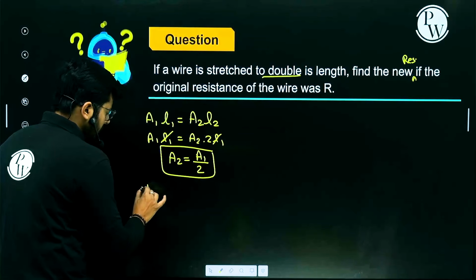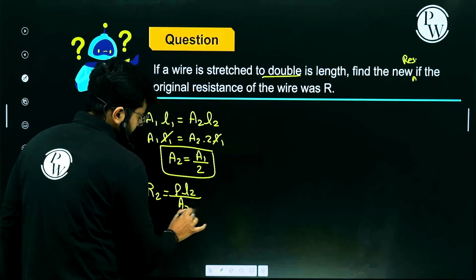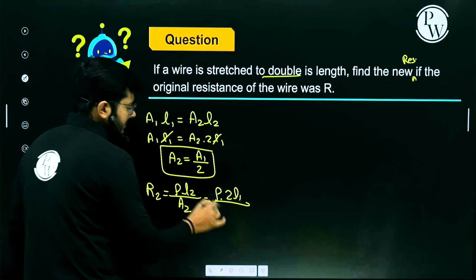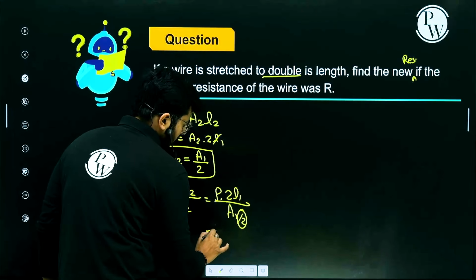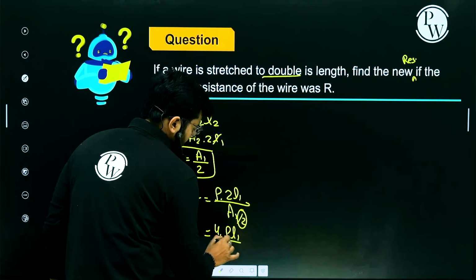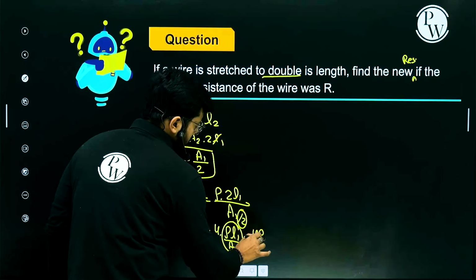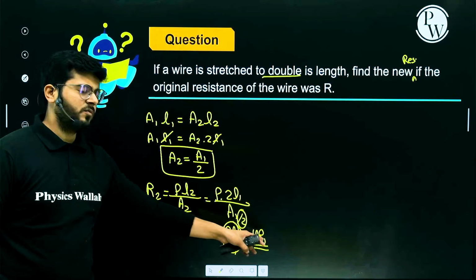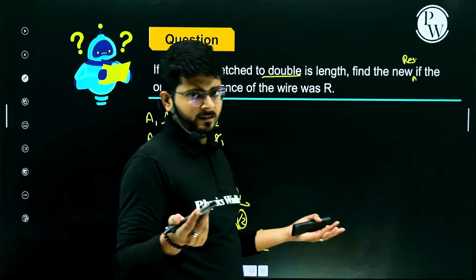So the new resistance is going to be rho L2 upon A2. L2 is 2 times L1 and A2 is A1 by 2. So 2 will go up. So it is 4 times rho L1 upon A1. Rho L1 upon A1 is the original resistance. So it is 4 times R1. You see that the resistance in the second case is 4 times the original resistance. This is what we have already concluded.